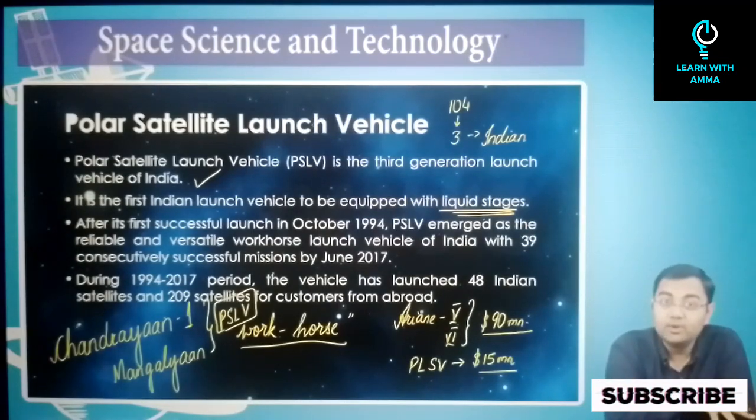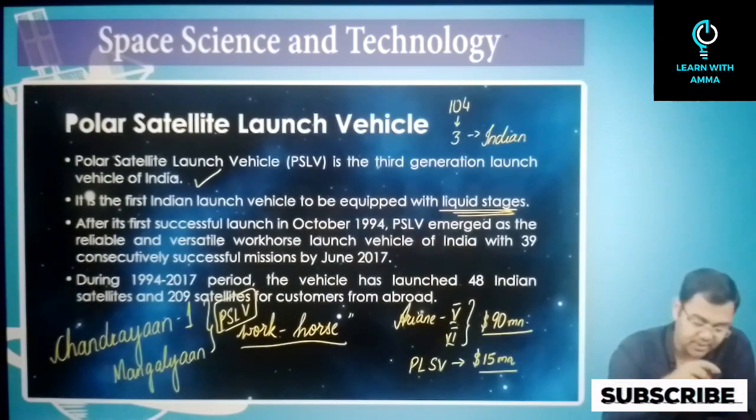Even with the very recent launch, we discussed that instead of polyvinyl chloride, now they are using HTPB. Both are solid fuels. So liquid fuel is not being used in sounding rockets or the first and second generation launch vehicles. With PSLV, the third generation, this is the first time that we started to use liquid stages. Liquid stages have their own advantages and we'll have a discussion on that.